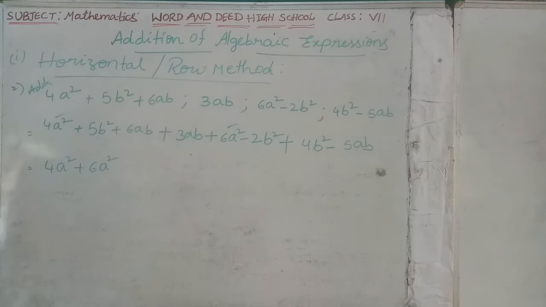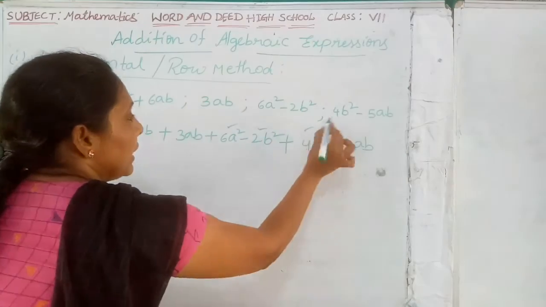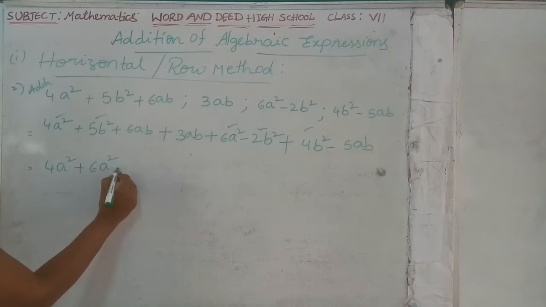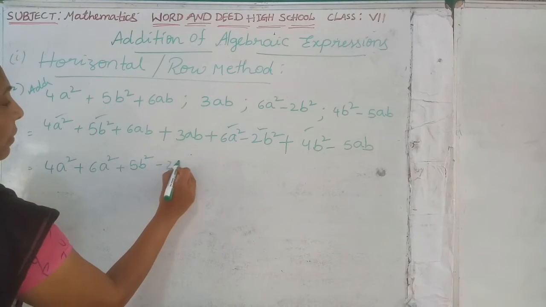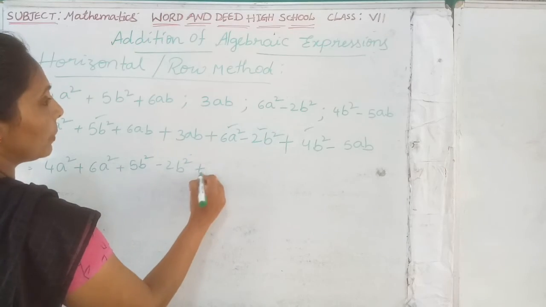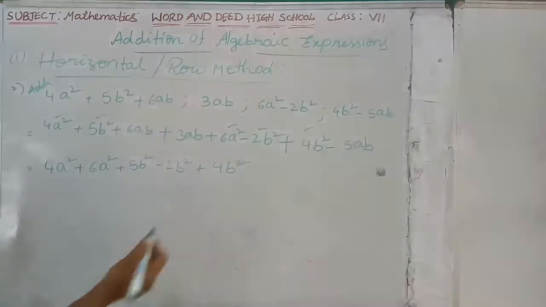Next, b square. Here, here, here. Three terms we have. So, plus 5b square minus 2b square plus 4b square.